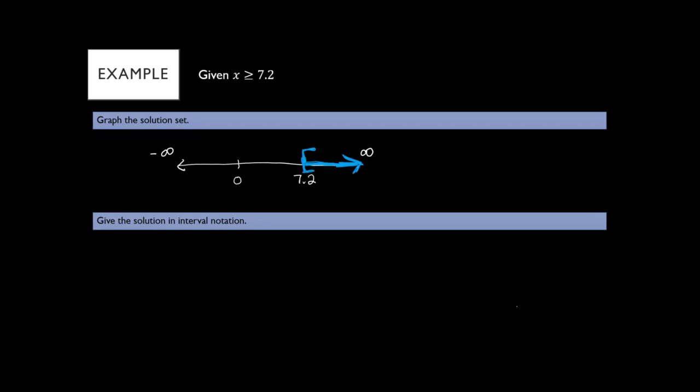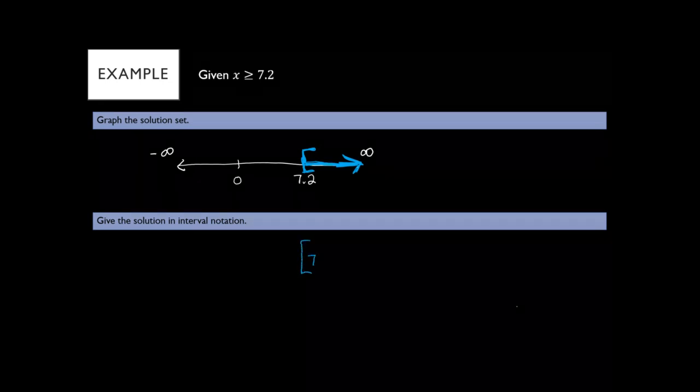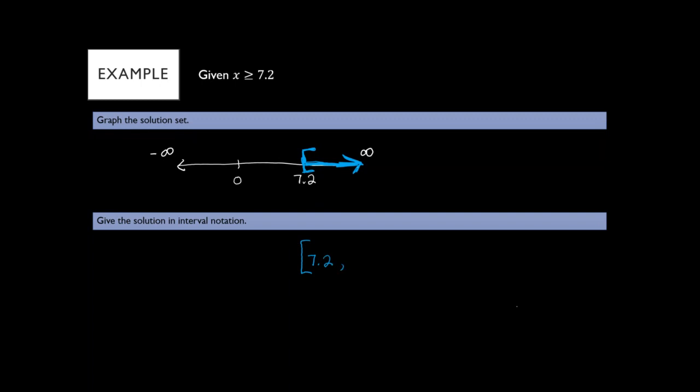So I'm going to just write it directly below. We start shading at 7.2, and we have a bracket there, comma, and then we stop shading at infinity, and infinity always has a parenthesis. So if you want to get really creative, you can think of this arrow as a parenthesis, and then you can really see that it's just giving you your interval notation in your picture.